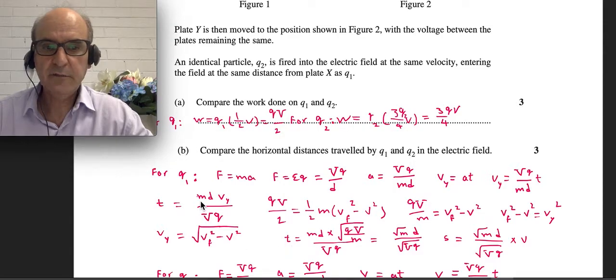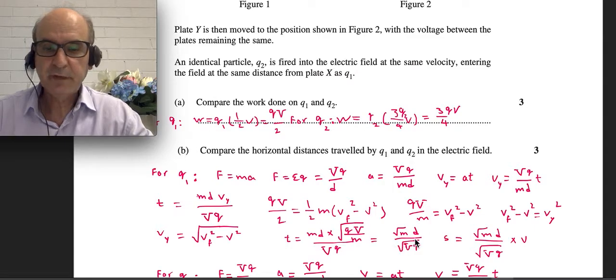Now, time is equal to, from here, m times d over vq times v, but times vy, and vy is going to be the square root of vf squared minus v squared, which again in turn is qv on m, but we need to square root it, so we get the square root of qv on m.